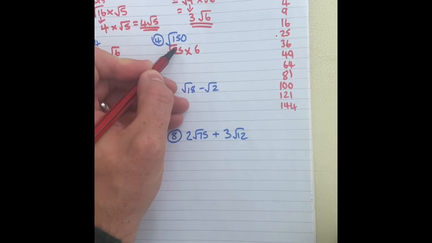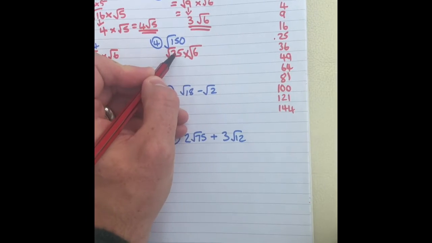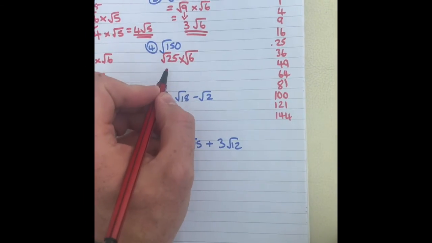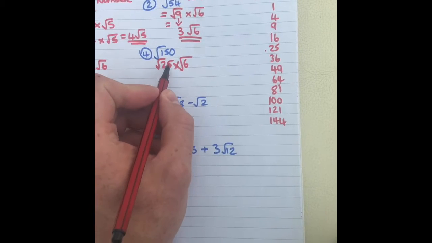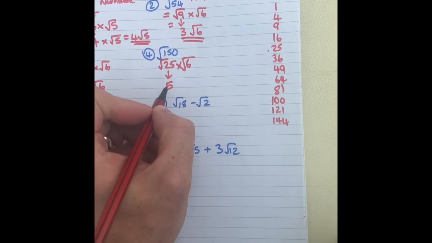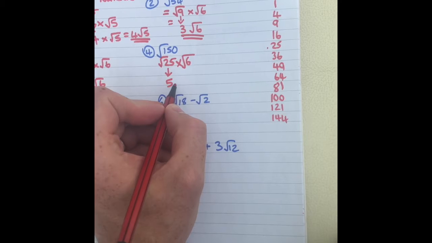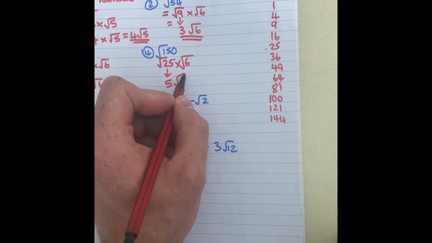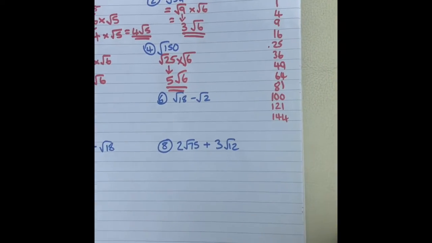Double check that. Yeah. So root 25 times root 6 makes root 150 using that rule. Root 25 is 5 because it's a square number. And then root 6 is a surd, it's irrational, you can't simplify it down. So 5 root 6, done.